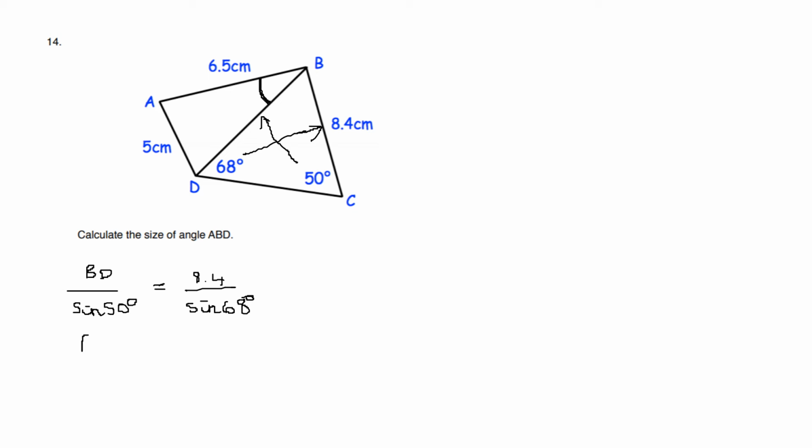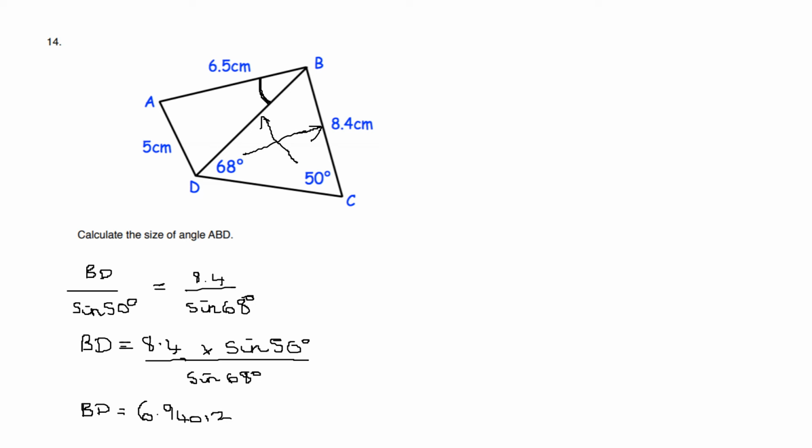And if I rearrange that, I will get BD is equal to 8.4 multiplied by sine 50 degrees over sine 68 degrees. And I want to keep the full length of BD for my next part of working to make sure that my answer is really accurate. So BD will be 6.940126589 centimetres.